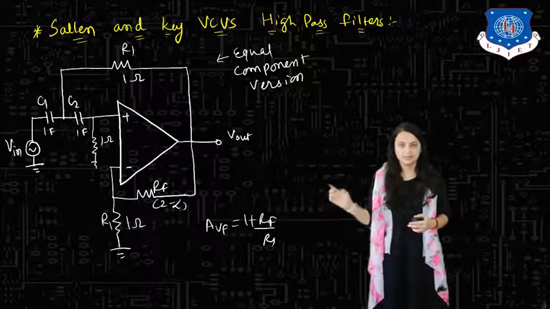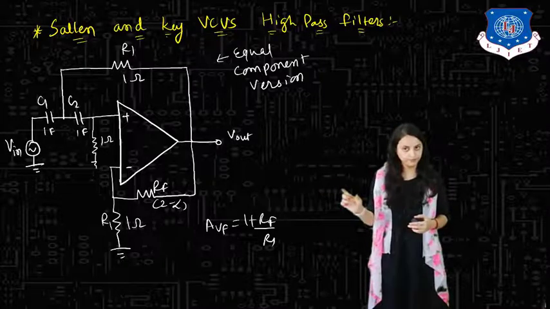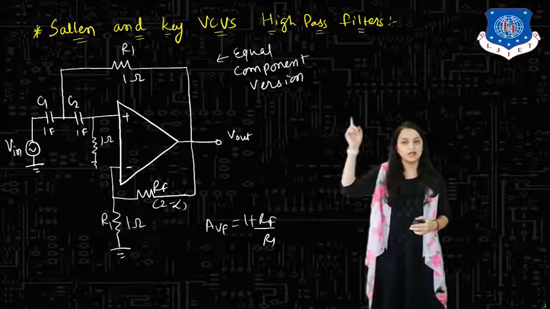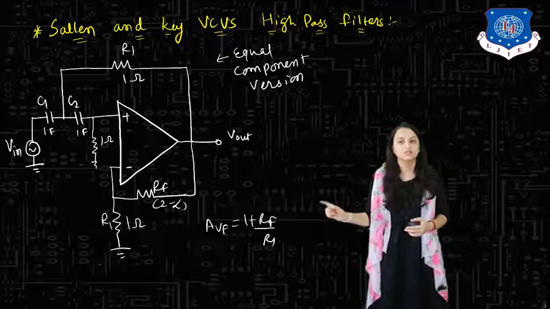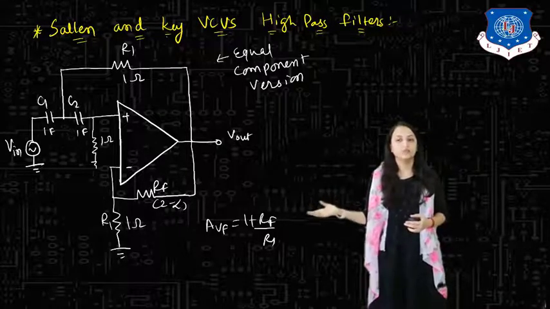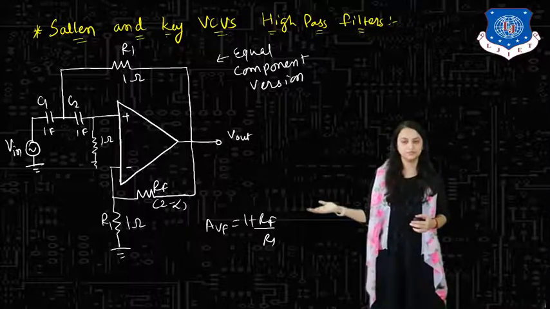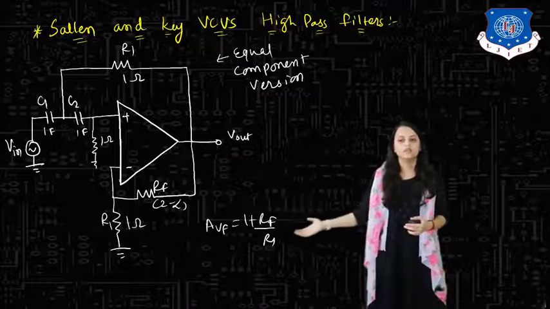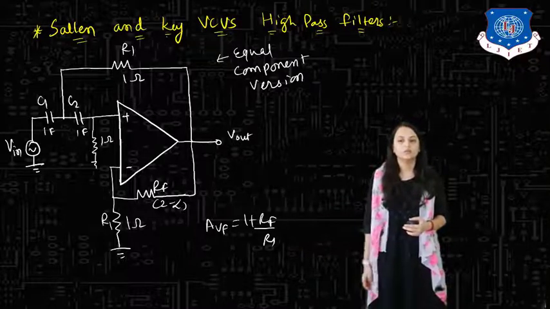Z1, Z2 are taken as capacitors C1, C2. Z3 is taken as resistance R1 and Z4 is taken as resistance R3, that is 1 ohm. In the feedback we have resistance Rf, that is 2 minus alpha, R1 1 ohm.